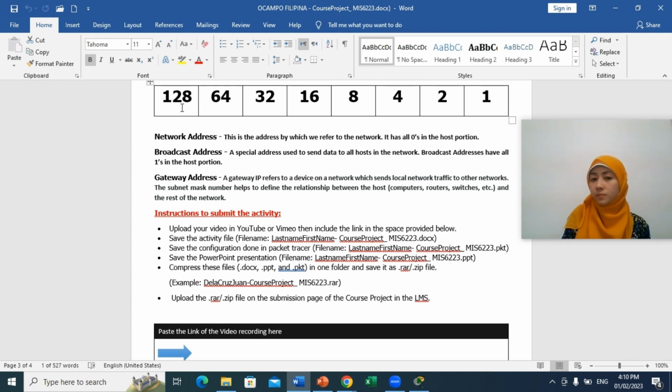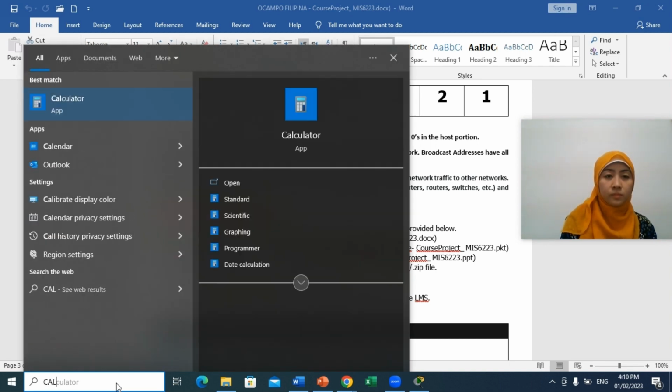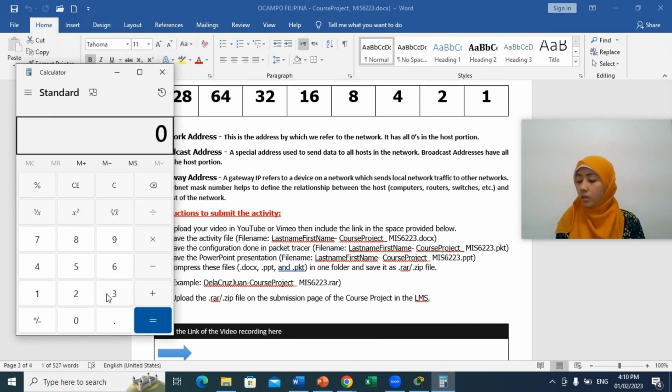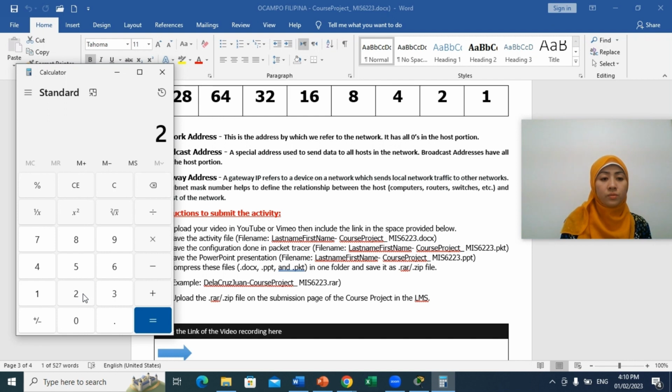Wait, I will need a calculator. So here we have a calculator. We calculate 224 minus 128, which is equal to 96.